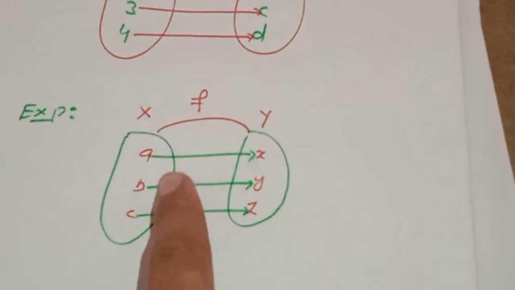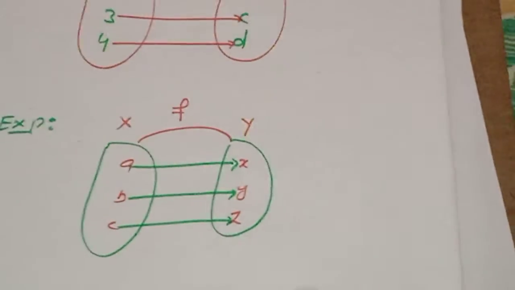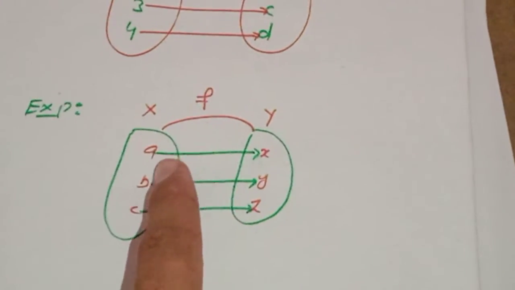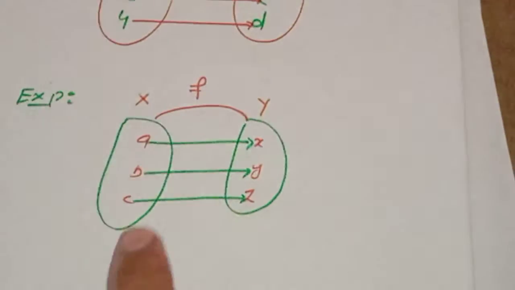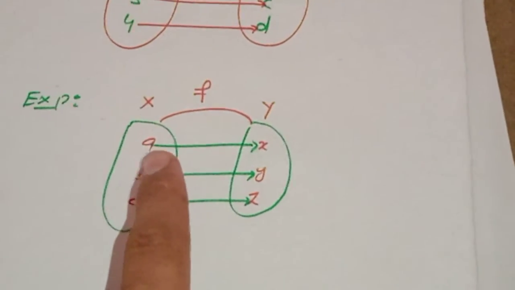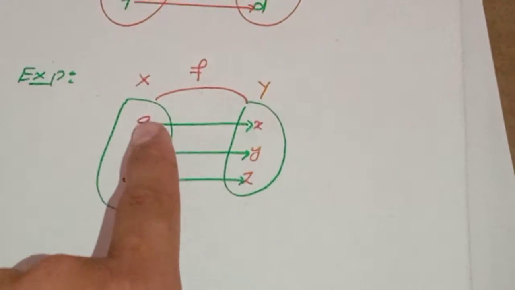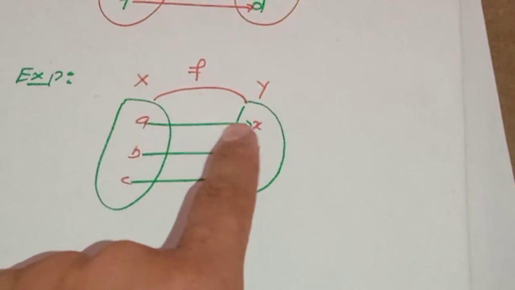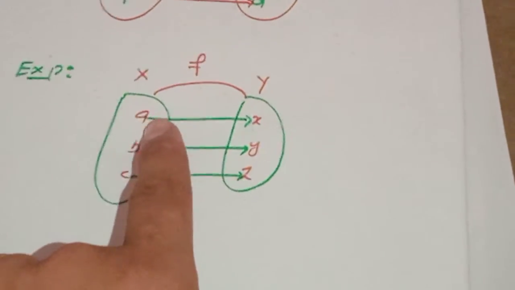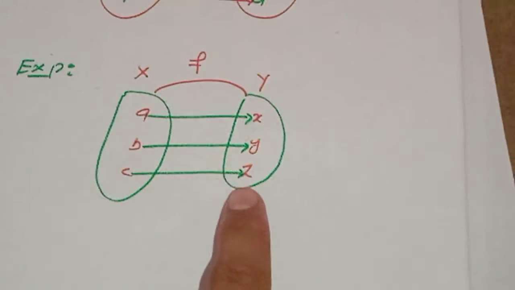Example 2. f is a function from X to Y, with a, b, c mapped to x, y, z. So this is also a function because the domain of the function is set X and there is no repetition in the domain elements. Number first, it is a one-one function because all the elements of X are mapping with only one element: a maps to x, b maps to y, c maps to z.